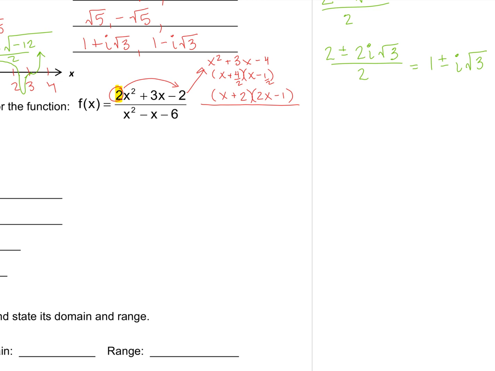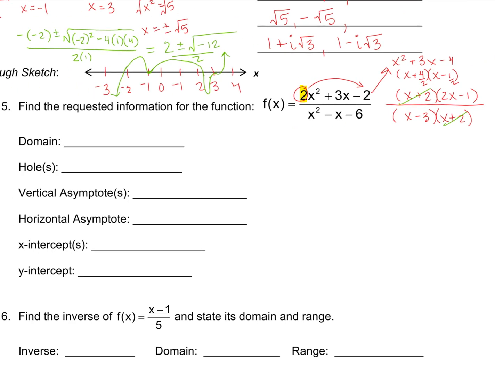What times what gives me -6 but adds to be -1? Well, that's x minus 3, x plus 2. I notice I have x plus 2's top and bottom, so I know that those cancel out, and I immediately know that he's my hole.